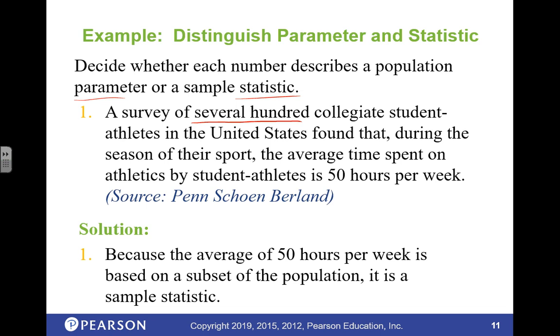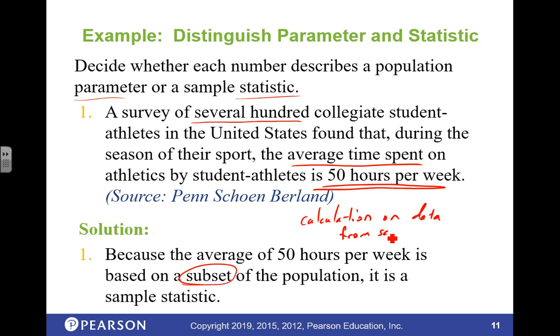That was just a subset of our population. A calculation was done based on how much time they spent. So since we did a calculation on data from a sample, not from the entire population, this is a statistic.